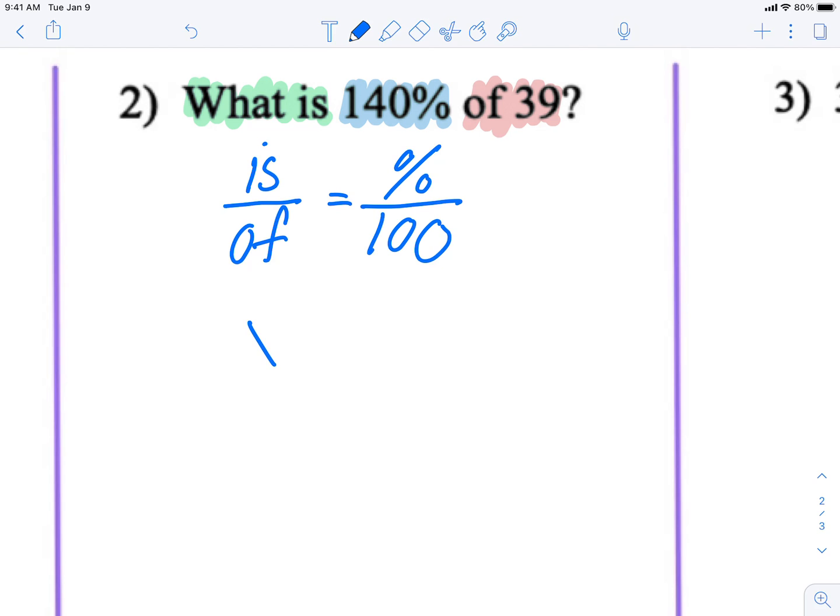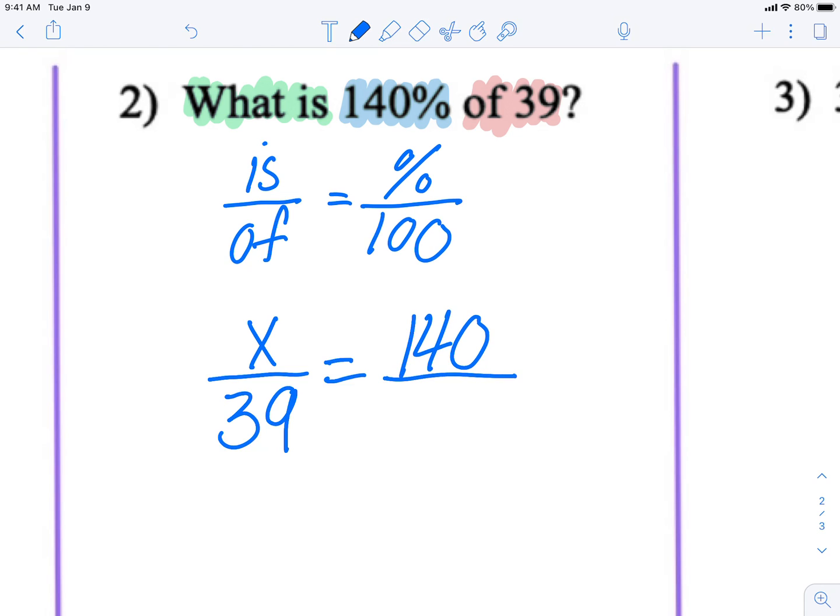So our is is x, because it's unknown, it's a variable. What is our of? Of 39. Look at that. Of 39 is equal to percent. Well, 140%.